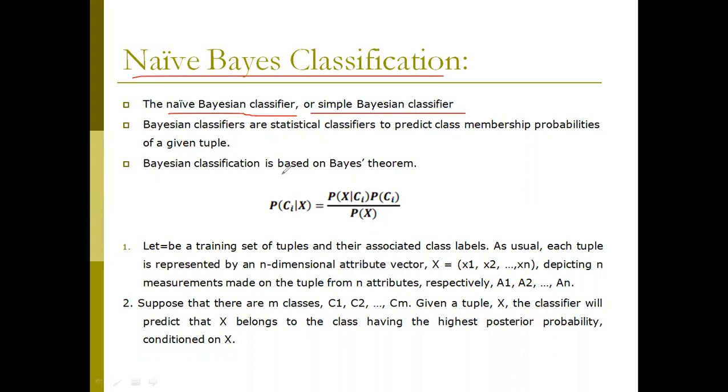What is a Bayesian classifier here? Bayesian classifiers are statistical classifiers used to perform classification on given data. They predict class membership probabilities of a given tuple.